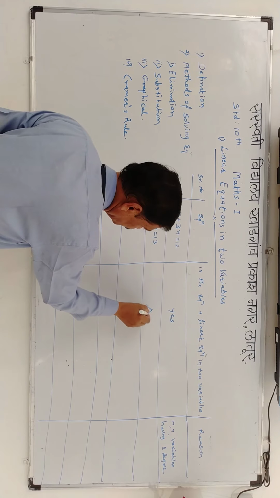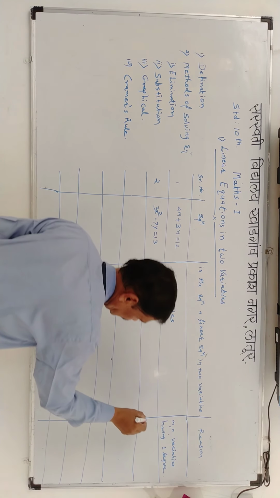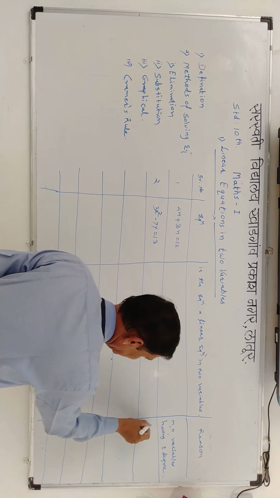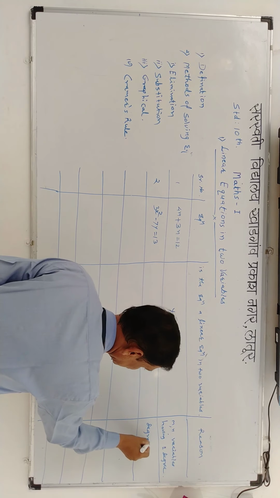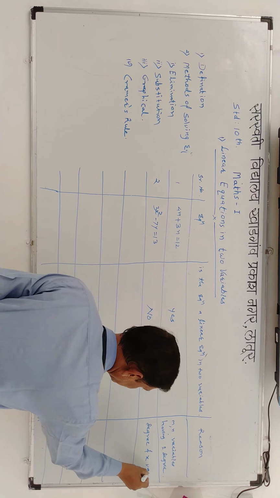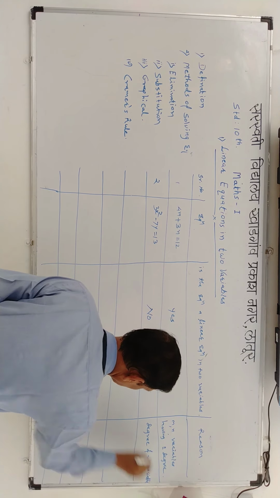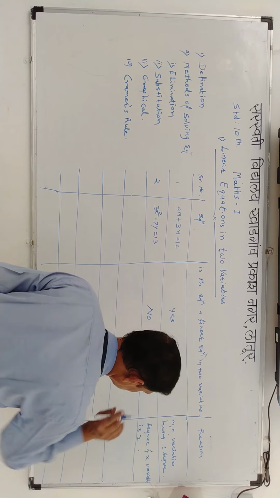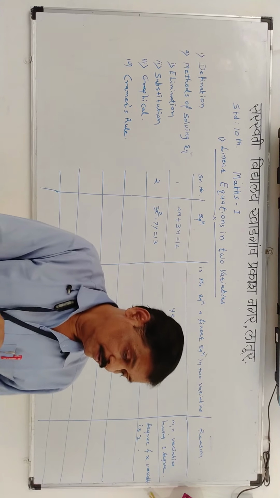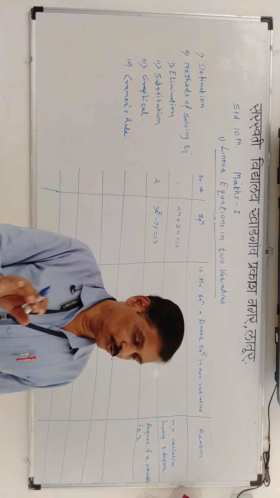Therefore, no, it is not. Variables are 2, but the degree of the x variable is 2, and so it is not a linear equation in two variables.